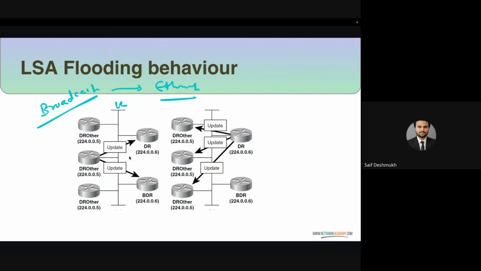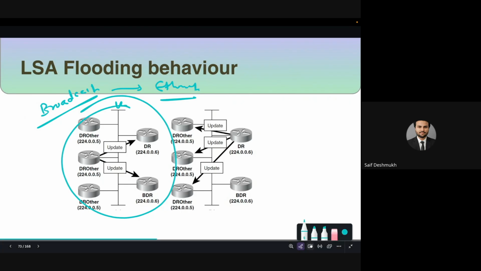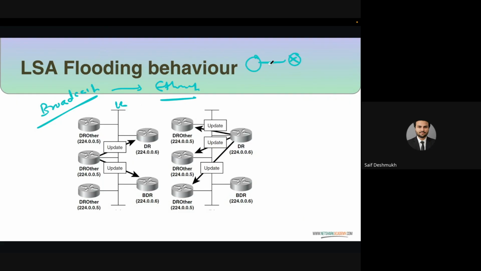Here again, even though all these guys are in the same area, flooding comes into the game again. So to avoid that issue, in a broadcast type of network, there may be only 2 routers, but we're not going to risk anything. It's an Ethernet network.